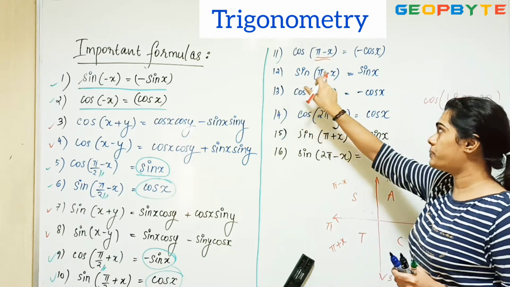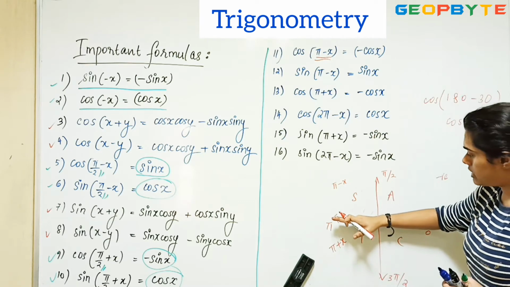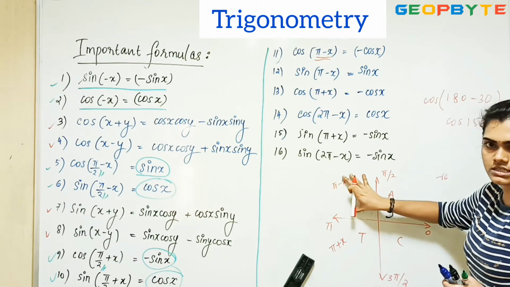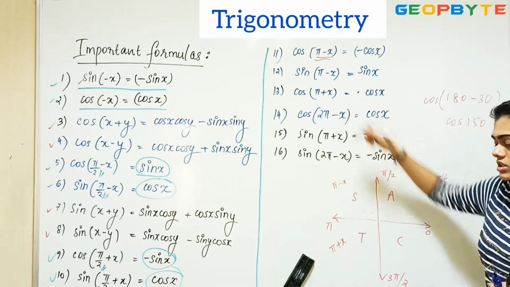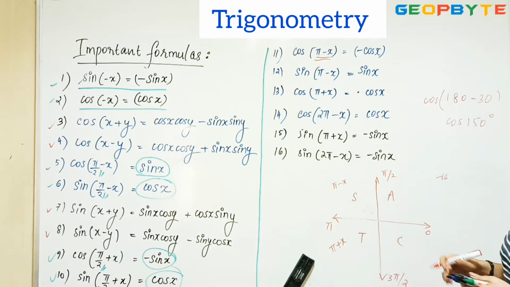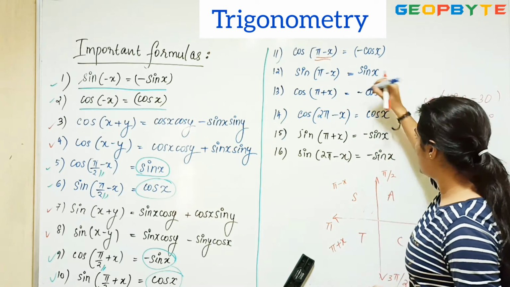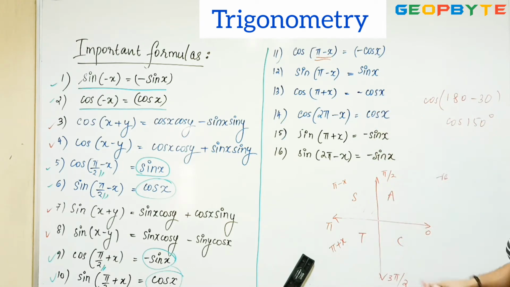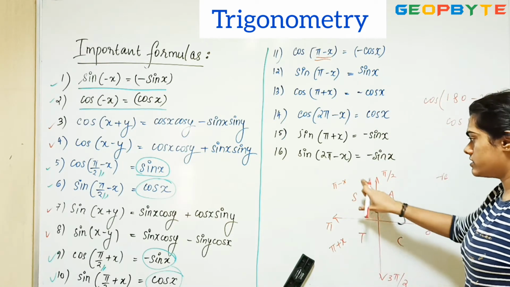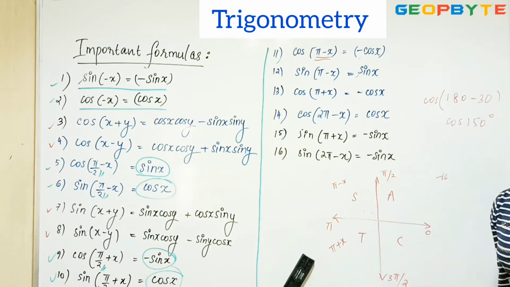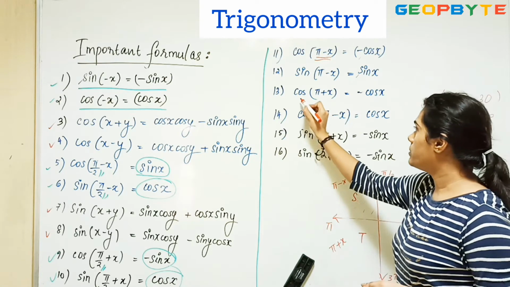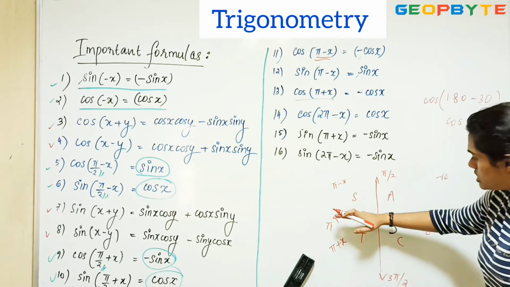Now coming to sine of pi minus x. What is sine of pi minus x? Pi minus x is still in this quadrant. Pi is there, so we have to continue the same function. Now we have to see whether it's positive or negative. We know that sine is positive in the second quadrant. So it is positive sin x. Here it was negative cos x. Now coming to cos of pi plus x. What is pi plus x?